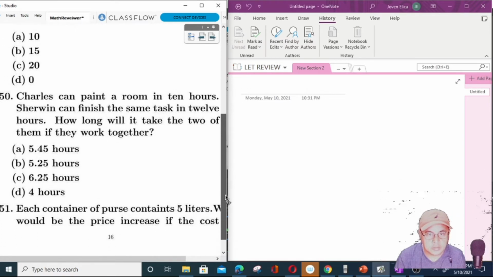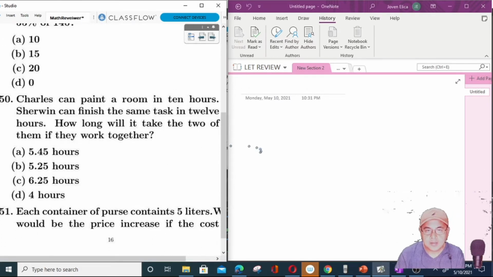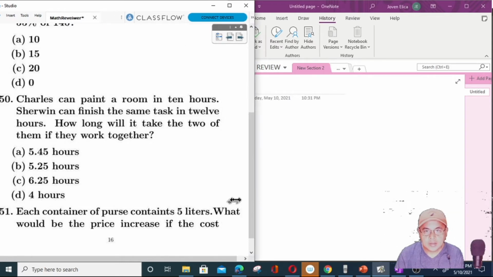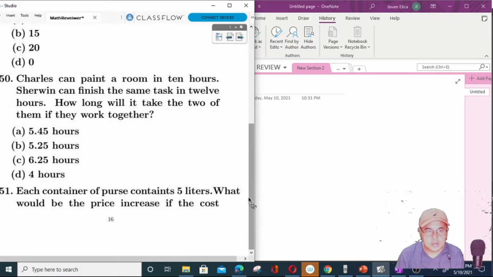51. Number 51, the question says that each container of puree contains 5 liters.